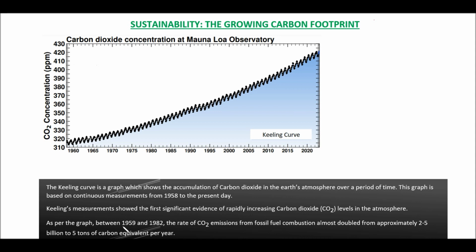Now, as per the graph, between 1959 and 1982, the rate of CO2 emissions from fossil fuel combustion almost doubled, from approximately 2 to 5 billion tons of carbon equivalent per year.